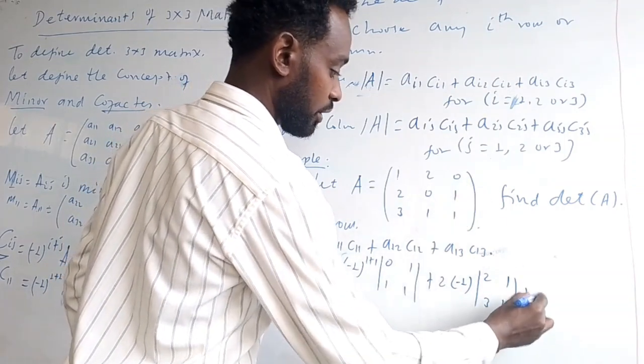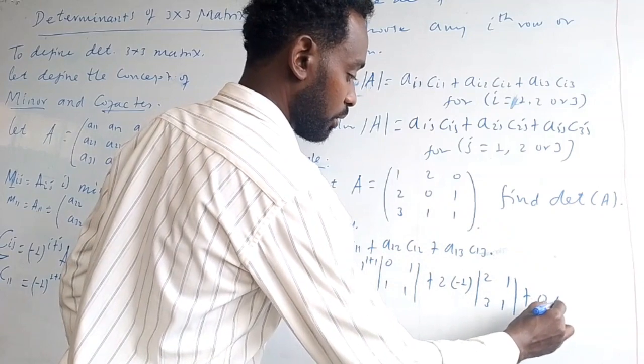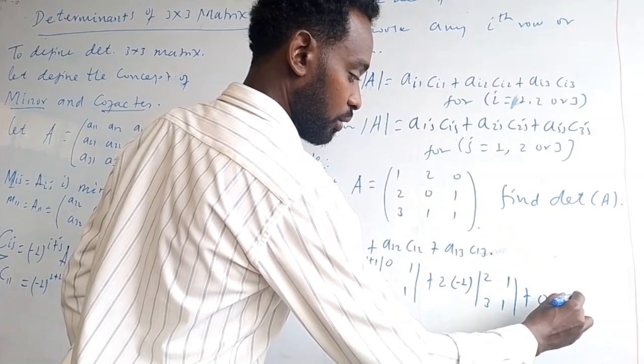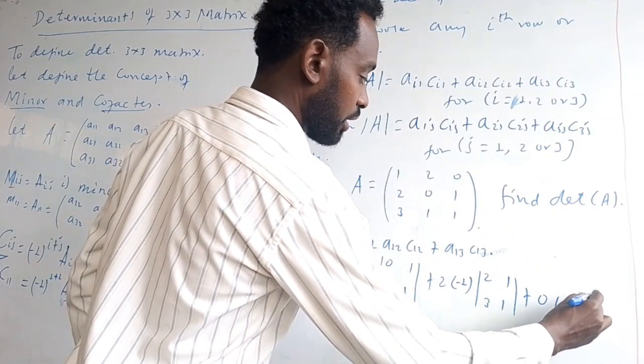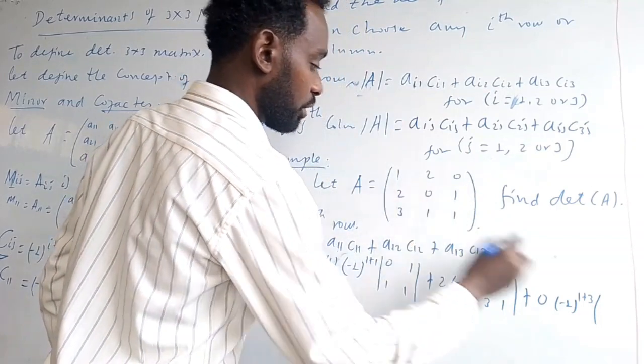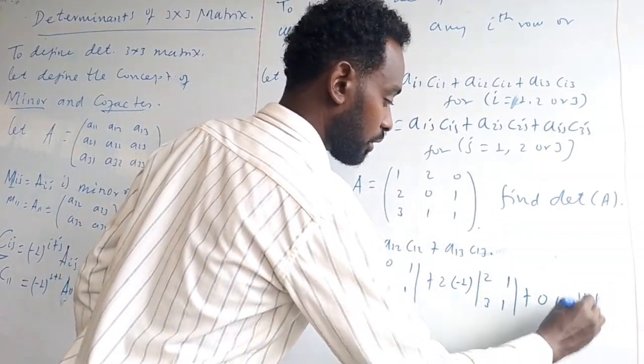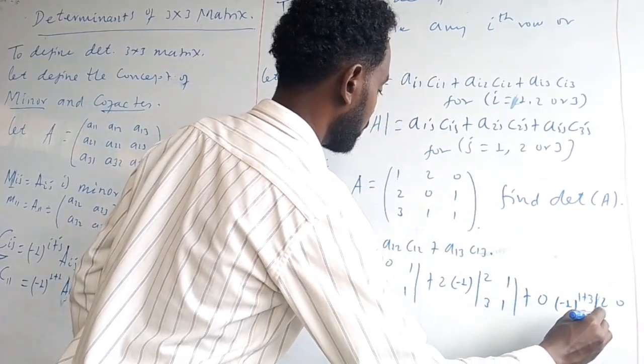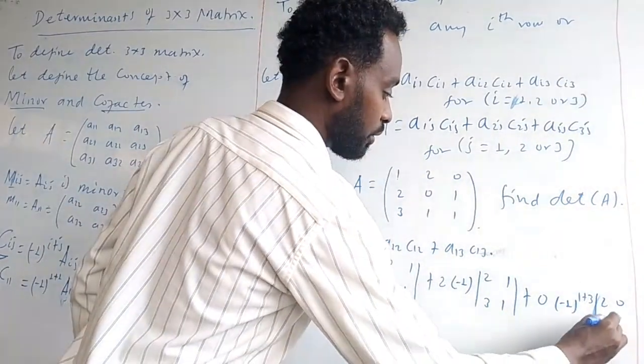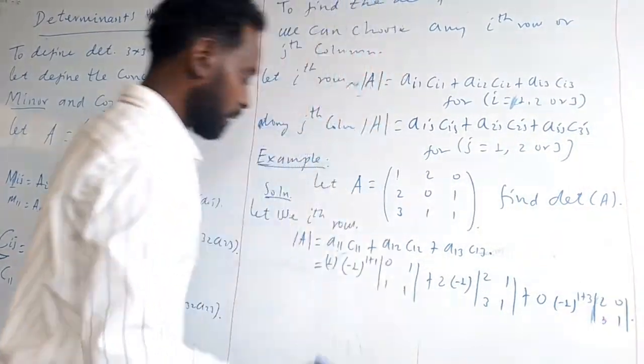Then deleting the second column and the first row, we have 2, 1 and 3, 1, plus A13 is 0 times the determinant after deleting the third column and first row, 2, 0 and 3, 1.